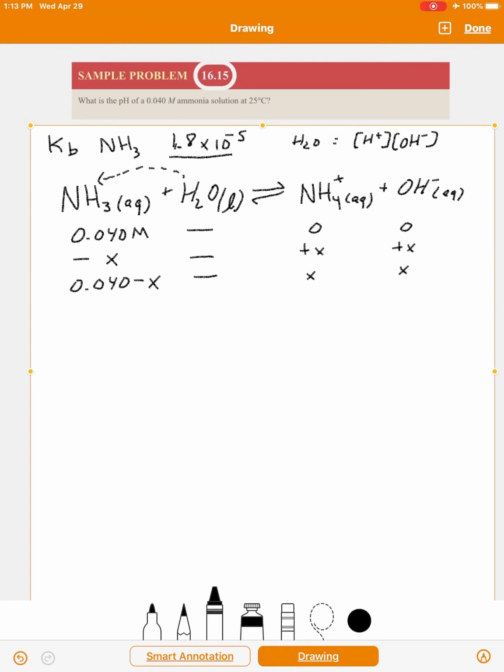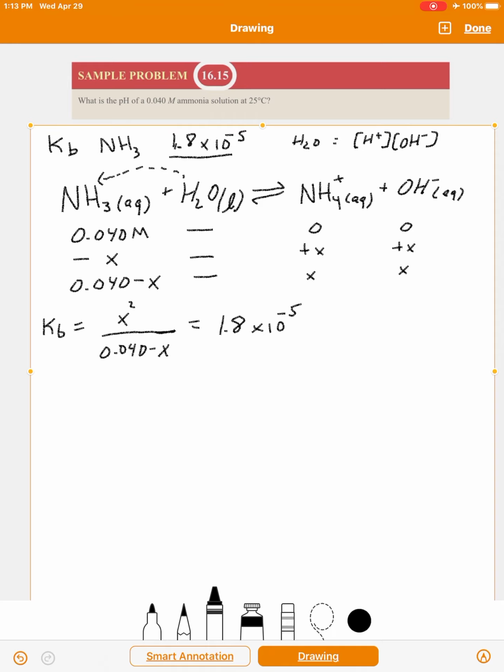Okay? So Kb is products over reactants. So X times X divided by reactants, 0.040 minus X. And if this looks just like a weak acid problem, you're exactly right. It's just like a weak acid problem. The only difference is we're solving for the hydroxide concentration instead of the hydronium concentration.